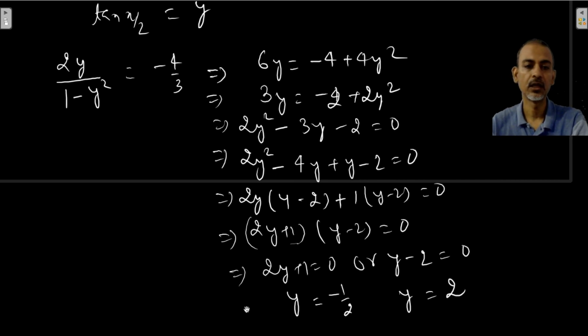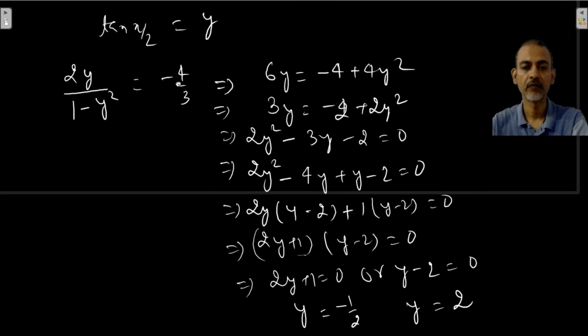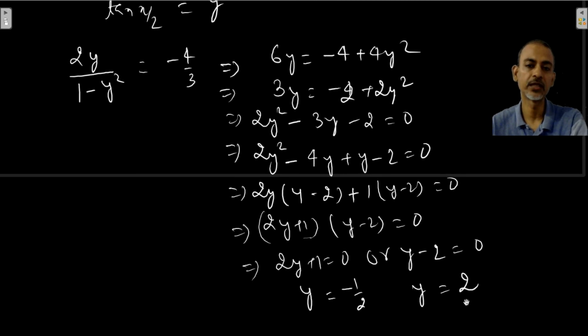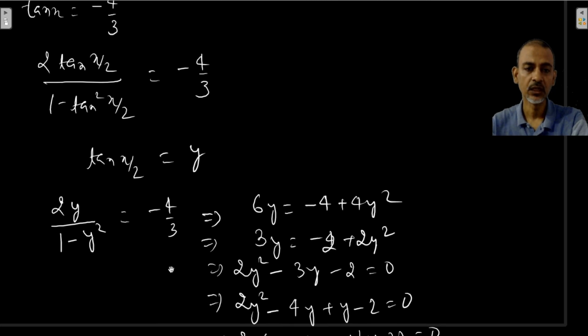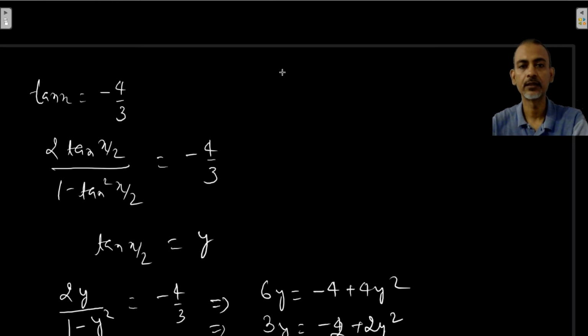Alright. Now look at this. I have got two values, one negative, one positive. Which value should I be taking? Now just look back at the values which you have been given. Since you've been given that tan x is minus 4 by 3, it means that your x will lie between pi by 2 and pi, right?